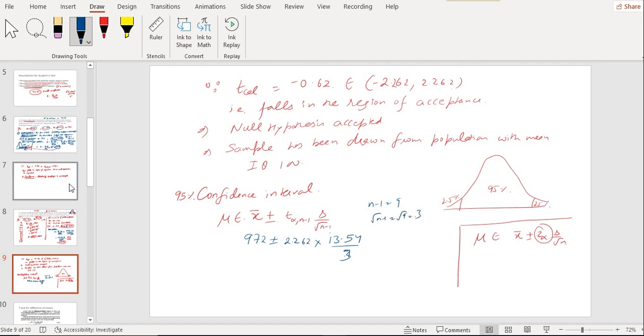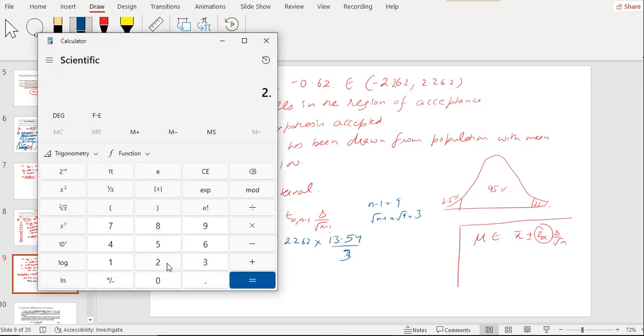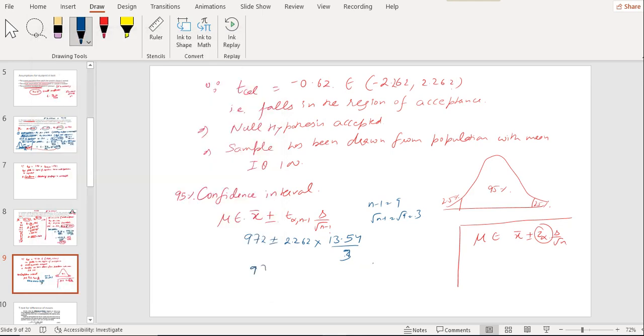Okay, so if we solve this particular part, 2.262 multiplied by 13.54 divided by 3, it is 10.21 approximately. So 97.2 plus minus 10.21. So when I subtract 10.21, it is 86.99, and when we add, this is 107.41.